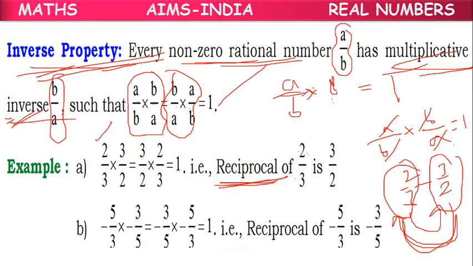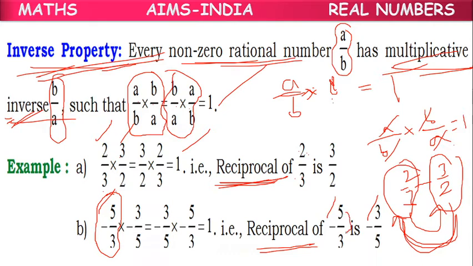So if 2 by 3 is there, what is its multiplicative inverse? Reciprocal, 3 by 2. All cancel. The answer will be 1. Suppose minus 5 by 3 is there, what is its reciprocal? While taking reciprocal, don't think about sign. If for the rational number minus is there, for the reciprocal also minus we have to keep.